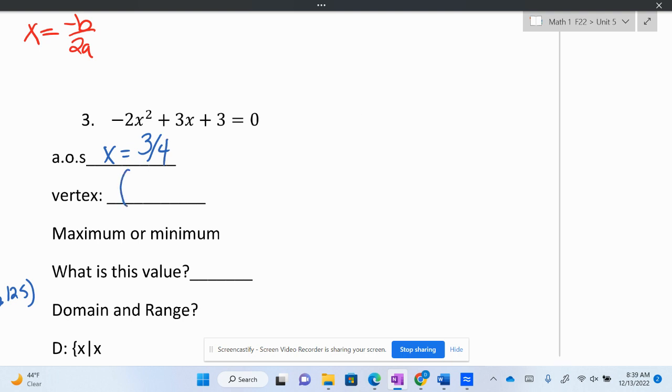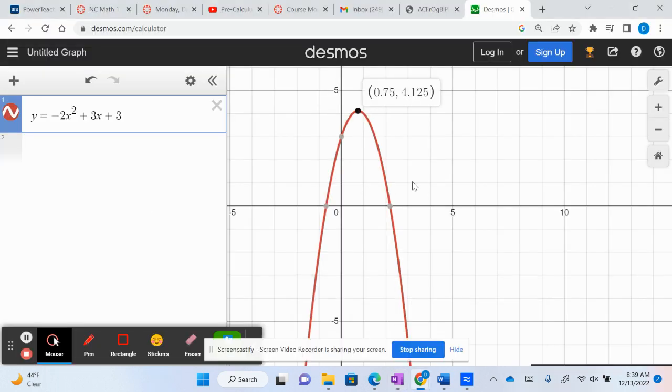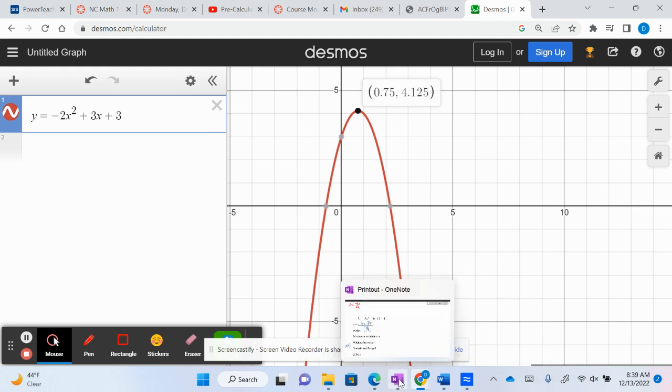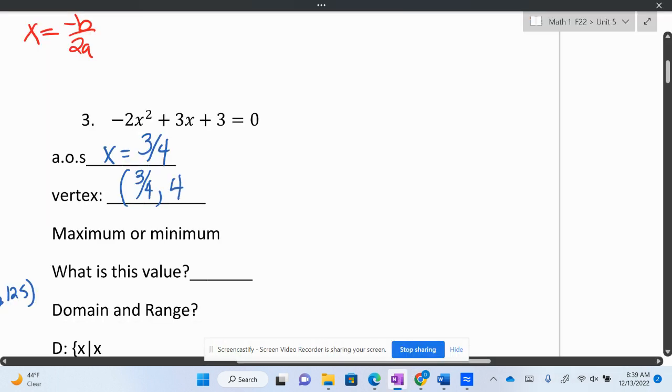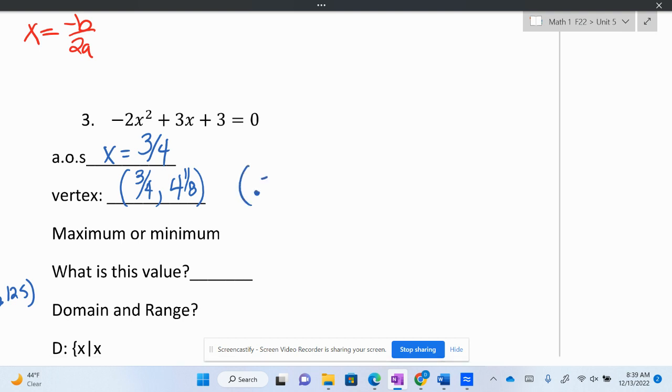My vertex, well, I know the x coordinate is 3/4, and then the y is 4.125, right? That's the same thing as 4 1/8. Or you could write it as 0.75, comma 4.125.